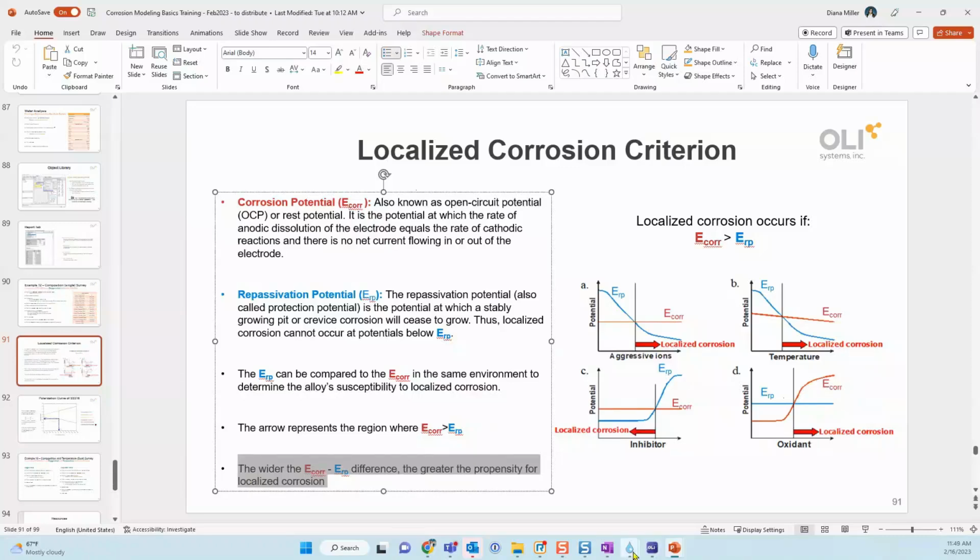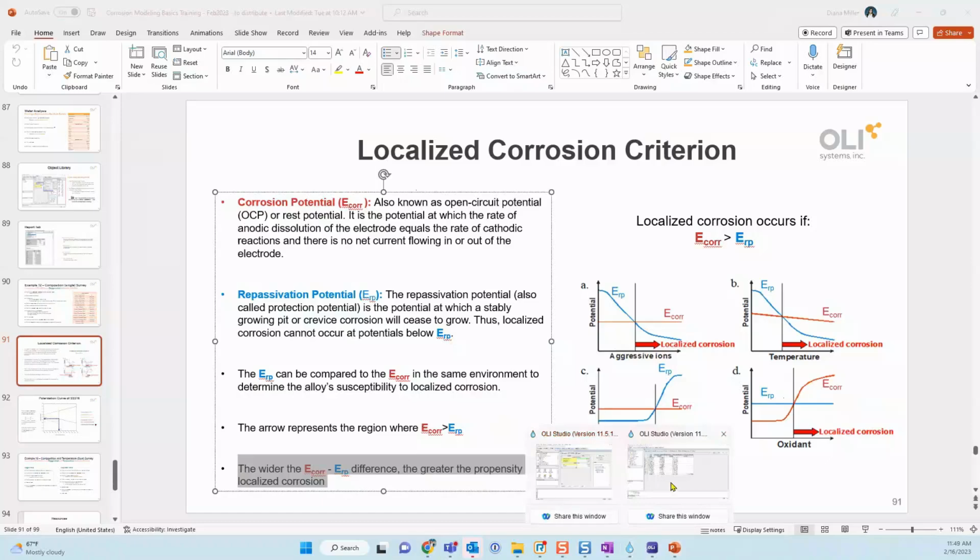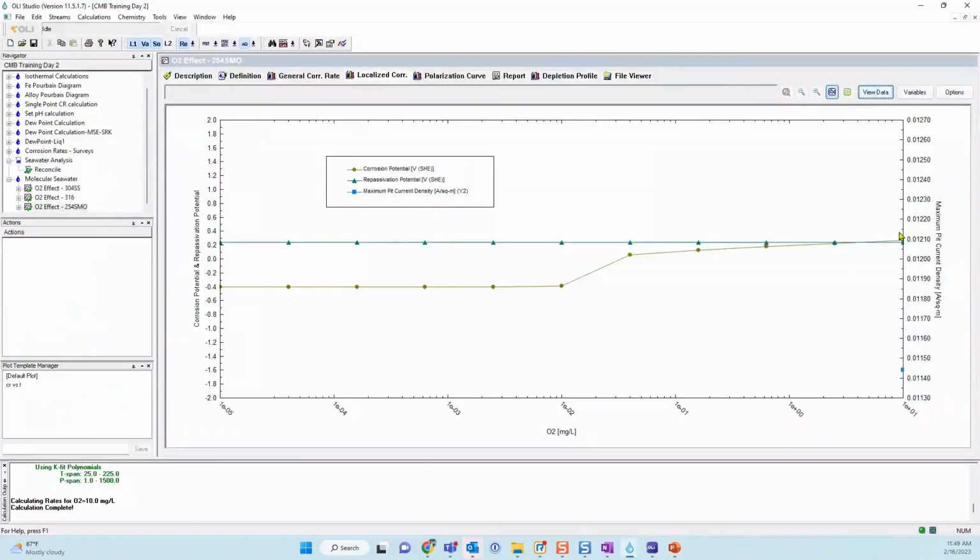So in this example that I showed, we don't have a huge difference between the corrosion and repassivation potential. So we are predicting that you will have localized corrosion, but the difference is not as wide. If the difference was wider, the propensity is much higher for that localized corrosion damage to occur.